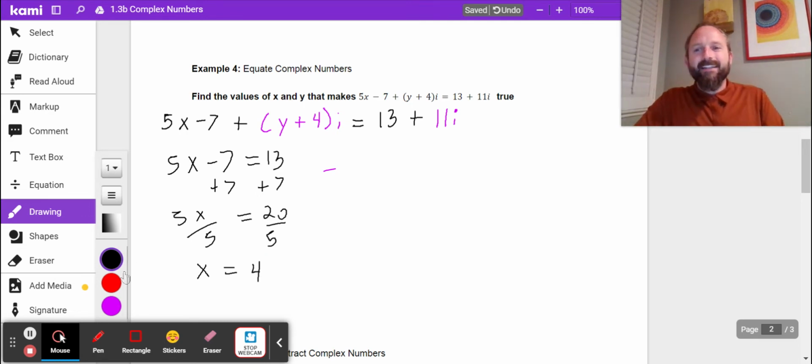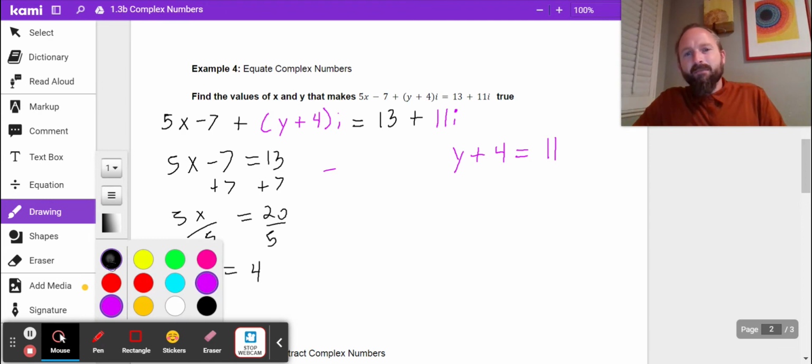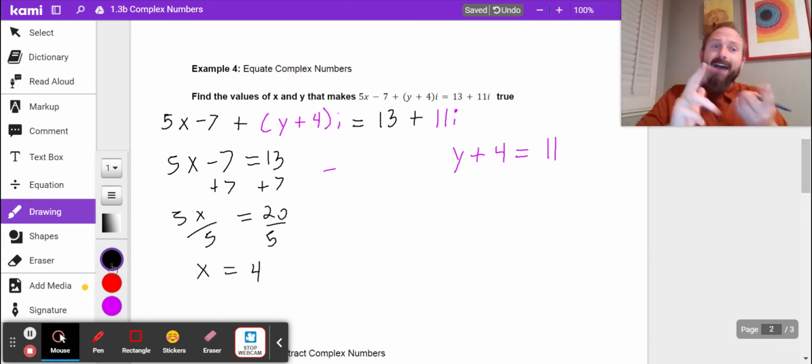But wait, there's the other half of this expression that we need to talk about. We have the imaginary parts. Now we can take these imaginary parts and put them to the side, and we know that y plus 4 has to equal 11 because these imaginary parts have to be equal. Well, what plus 4 is equal to 11?